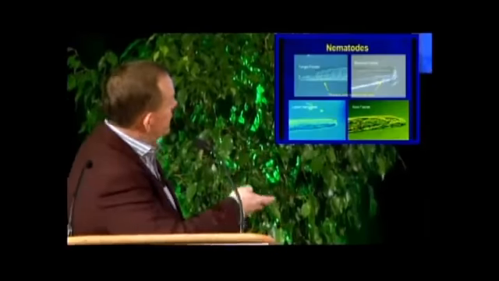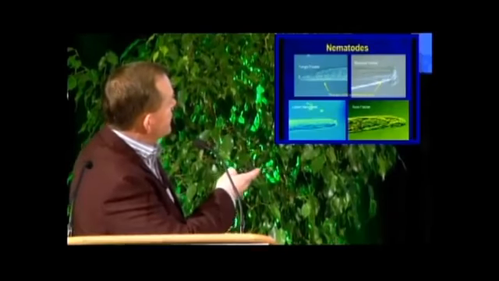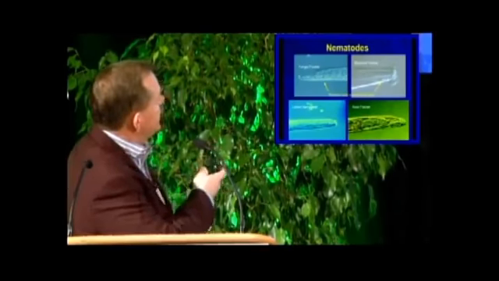And we can see disease suppression, but also disease development, depending upon the type of nematode that we're talking about. So let's take a look then at some various types of nematodes that exist in the soil. Up top, you see fungal feeders and bacterial feeders, and these would be an example of some favorable nematodes.